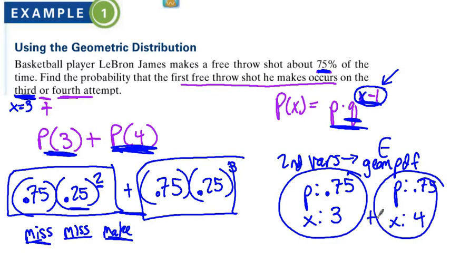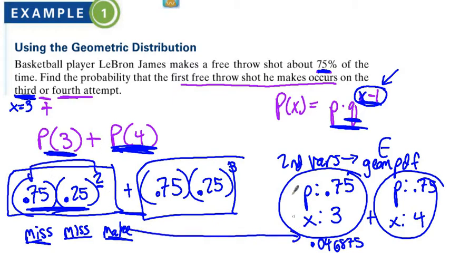So I'm going to do this right now. 0.75, and I'm plugging in the 3 first. And this one turns out to be 0.046875, which is going to be the same as that number right there. You can verify that if you're not sure; this number comes from here. And then the second one is this one right here.